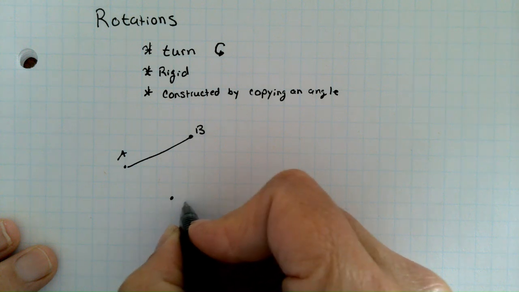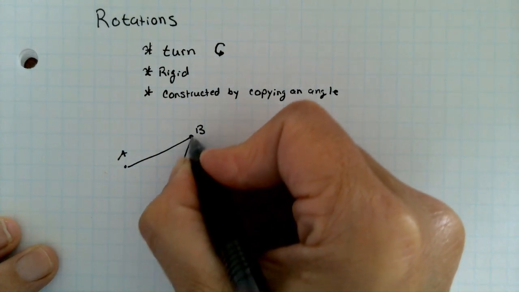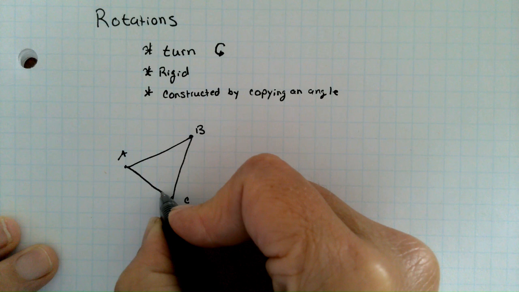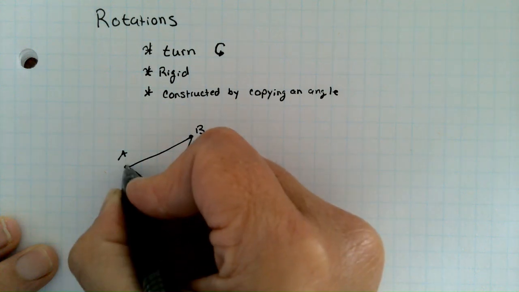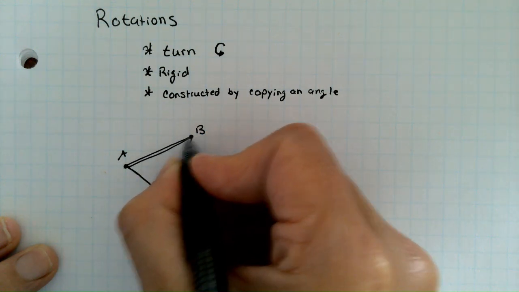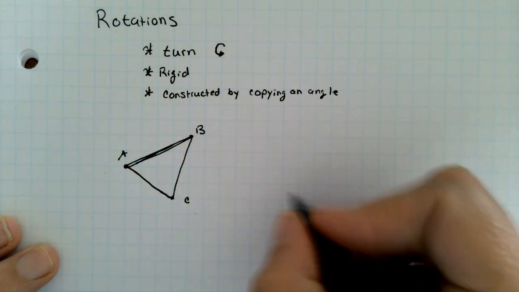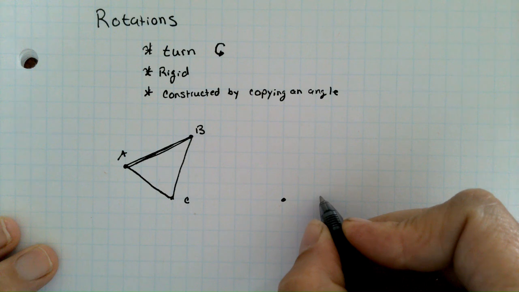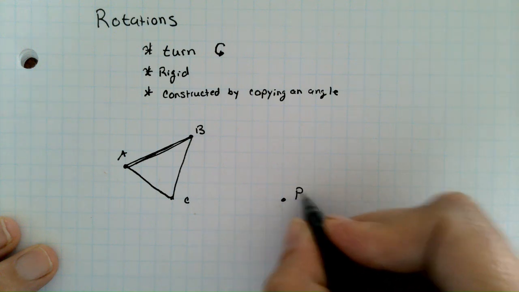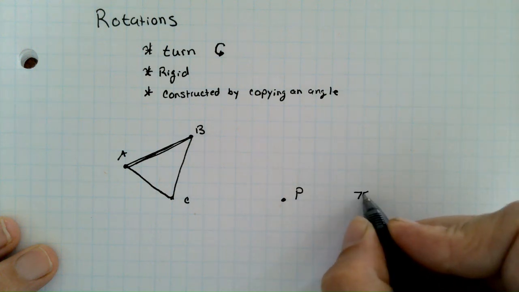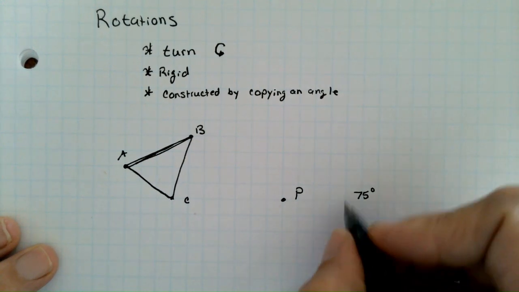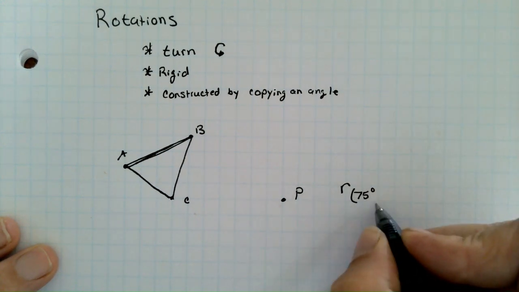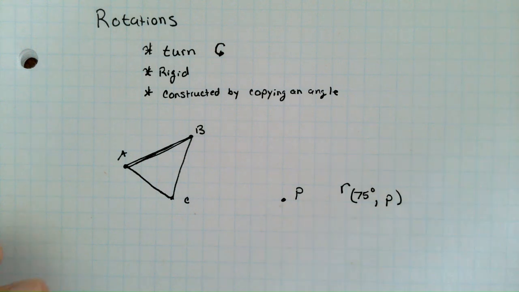We'll put C here. And they're going to give you a point P, and we're going to rotate 75 degrees around it. So the way that they're going to say that is lowercase r 75 degrees comma P.